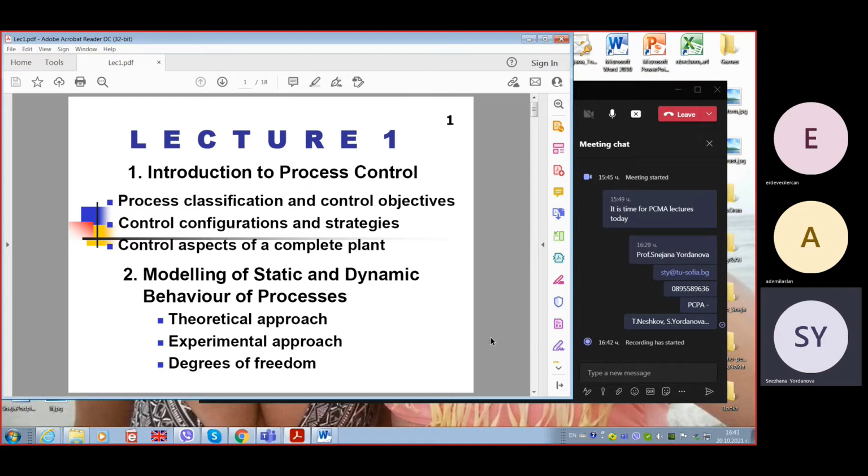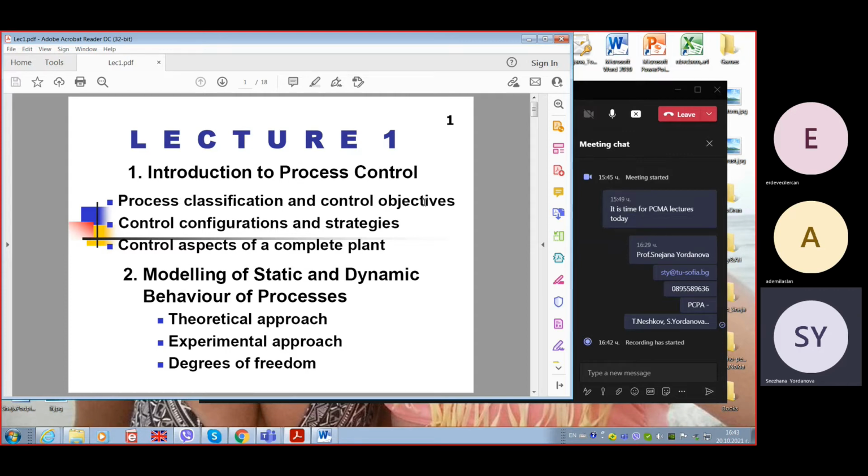Now the introduction is related to differentiating between different processes related with the production.